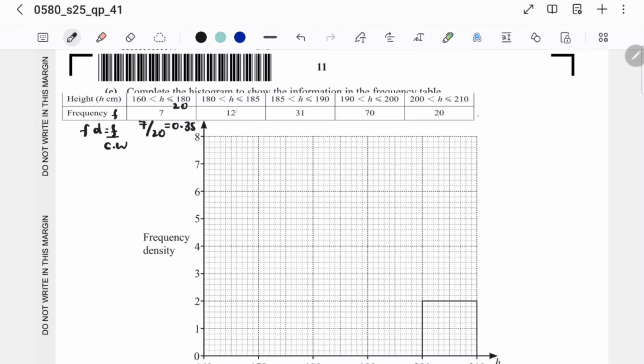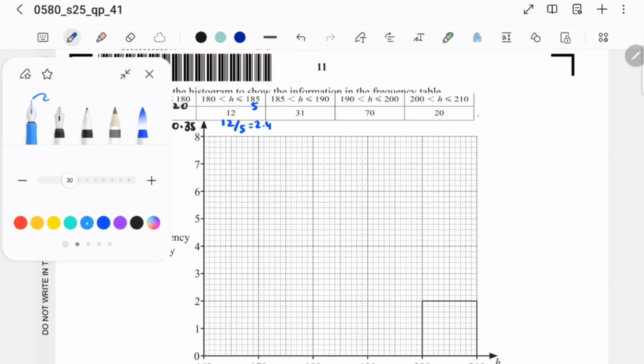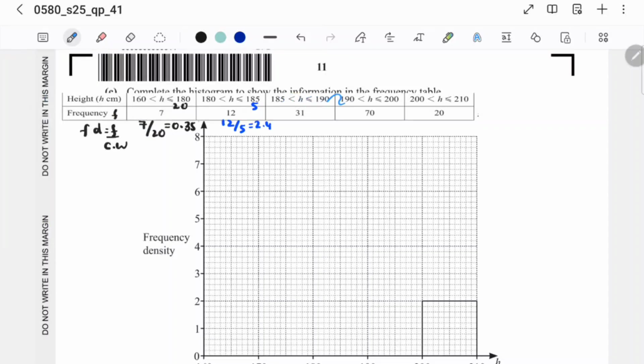The second one, 180 to 185, the class width is 5. So we'll have 12 upon 5, and 12 upon 5 is 2.4. The third one is 185 to 190, also class width 5.